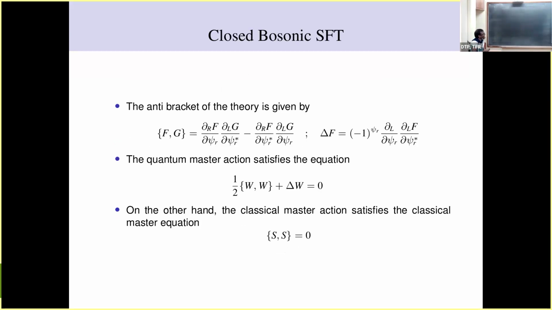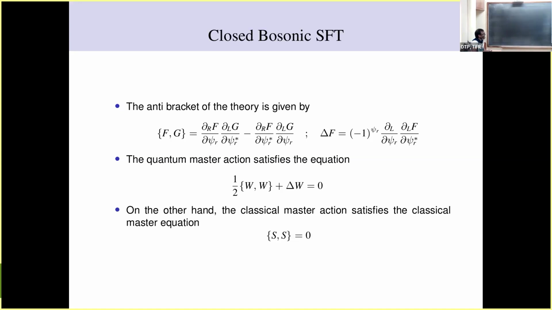Okay, so the antibracket of the theory can now be defined in the usual way. You have this antibracket {f, g}. You have the derivative with respect to fields and antifields, psi and psi star, and then you also have this delta operator, and then you can show that the quantum master action satisfies precisely this BV quantum master equation.